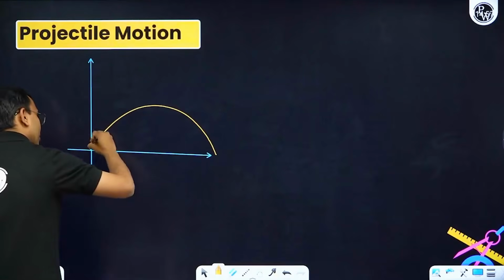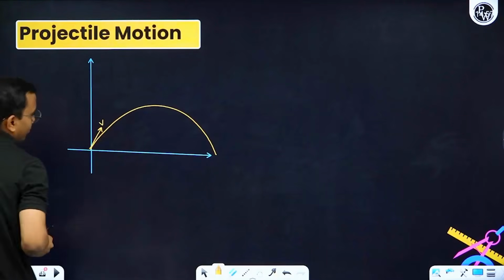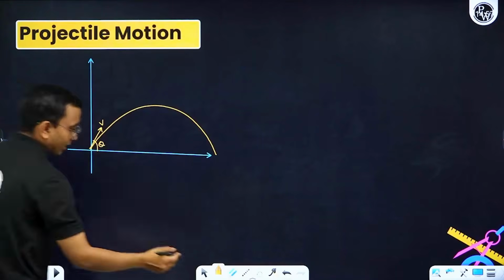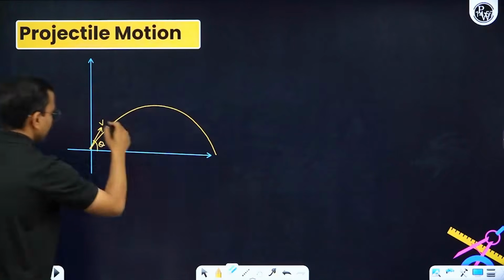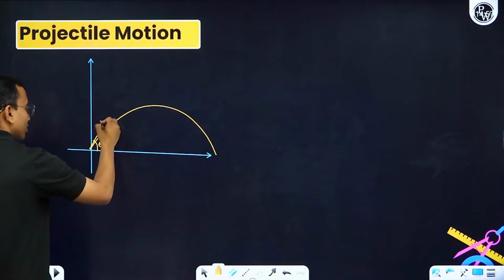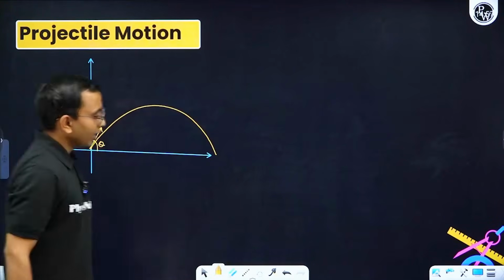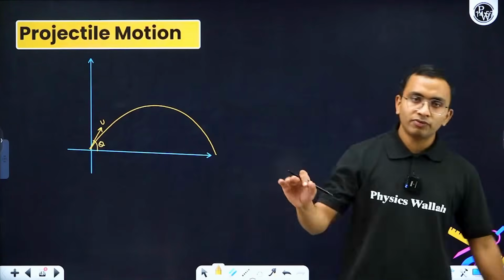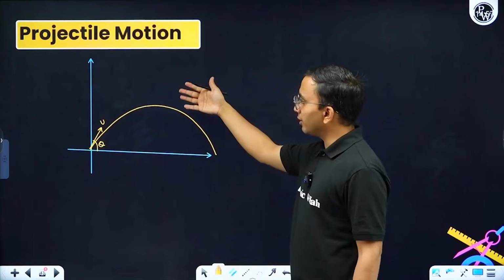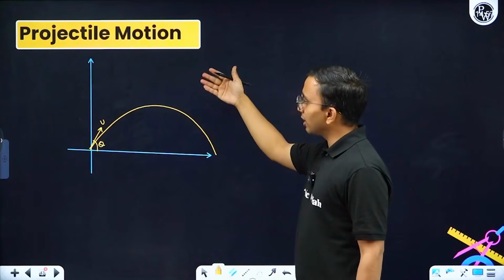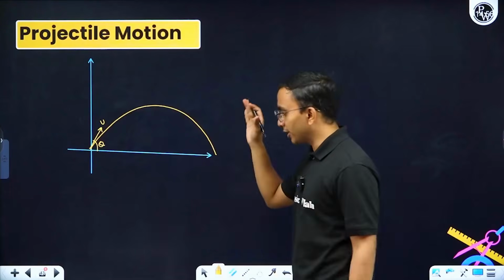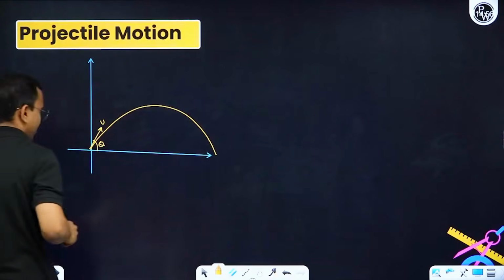It is projected with some initial velocity v at an angle theta, or you may consider this velocity to be u. Now a few of the fundamental things are: tell the time of flight, tell the maximum height, tell the time it takes to reach the maximum height, tell the horizontal range. These are just fundamental things. Let us do those things first.